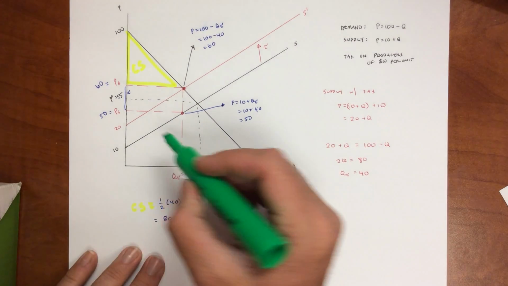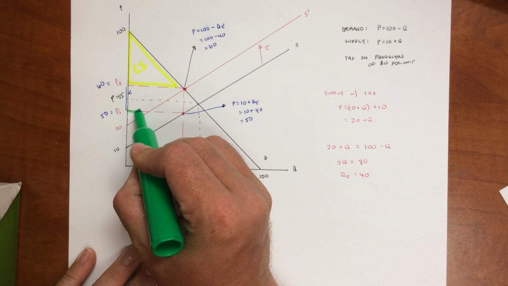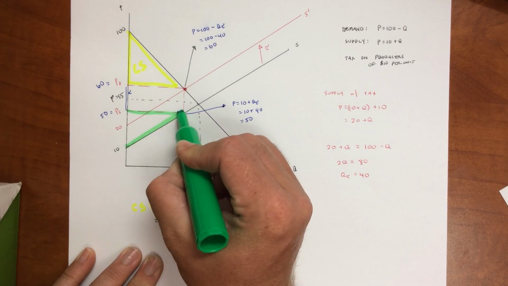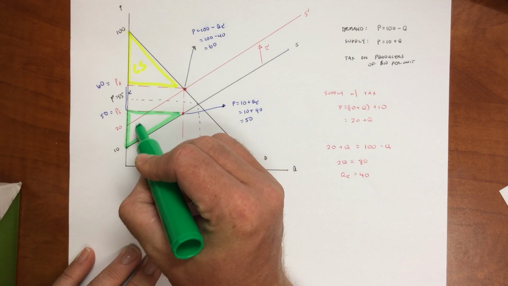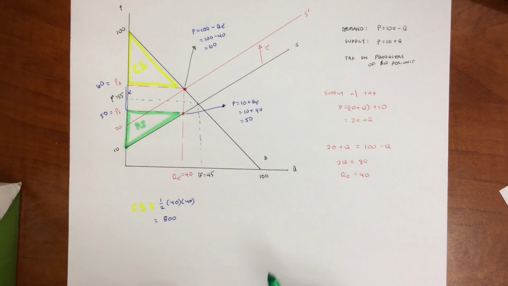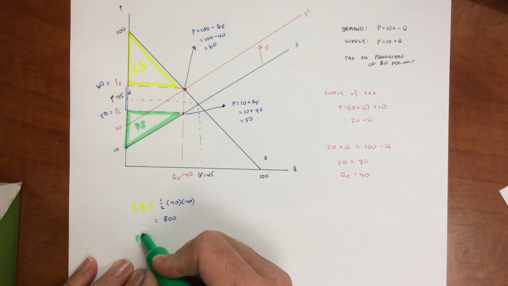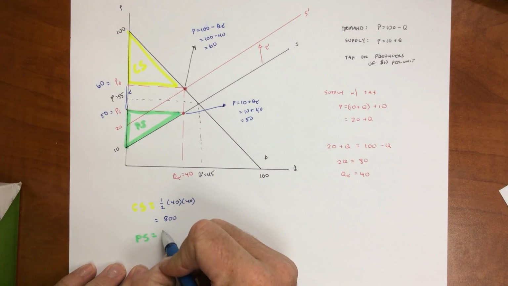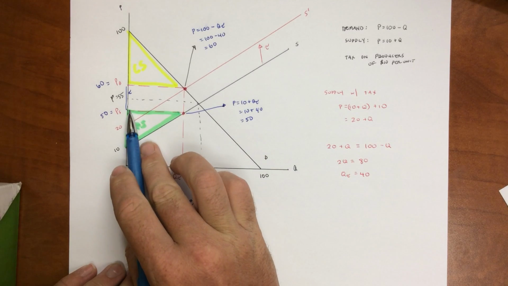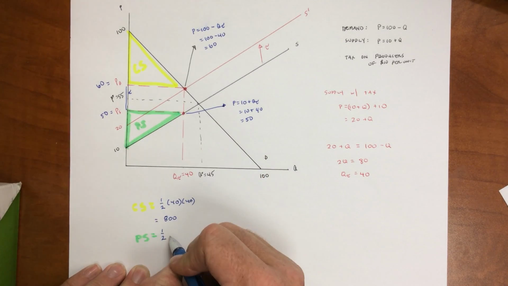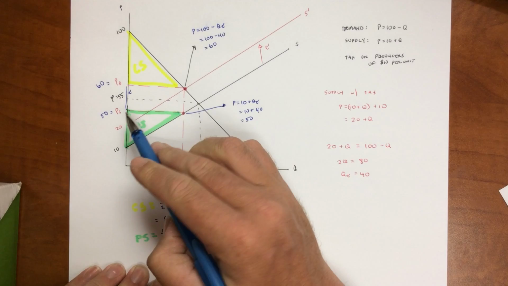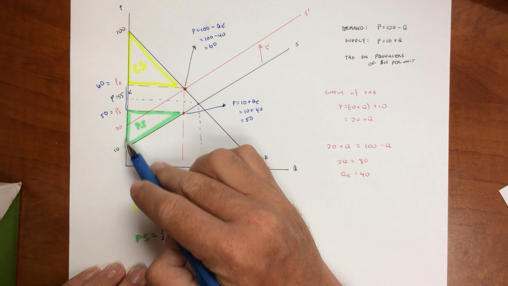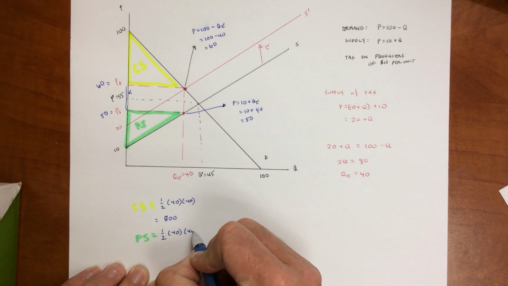To find producer surplus, I look at the price that the seller receives and find the triangle all the way down to the supply curve. There's producer surplus. It's a triangle, so it's 1/2 base times height. The base is 40. The height is 50 minus 10, which is also 40.